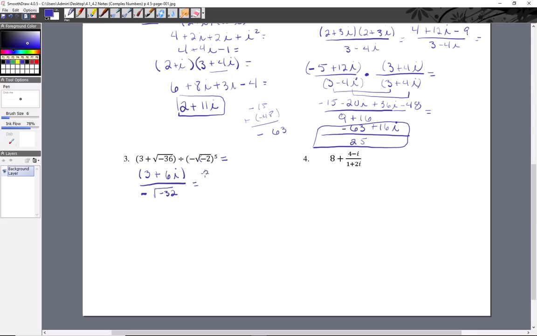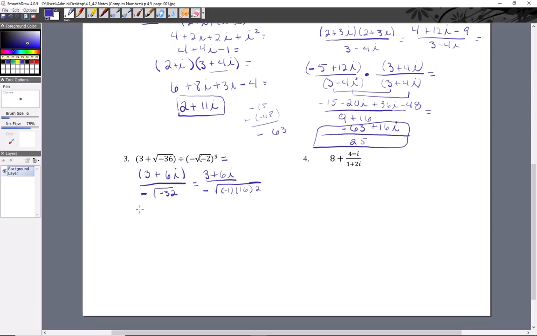So this will be 3 plus 6i, which we'll drag along with us. And this is the opposite of, and let's factor this out. You have a negative 1, and then a 16, and then a 2. So 16 times 2 is 32.